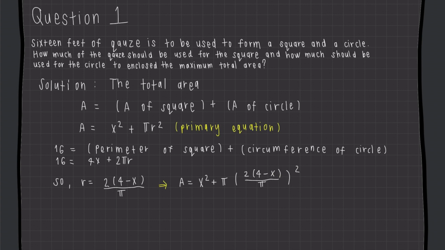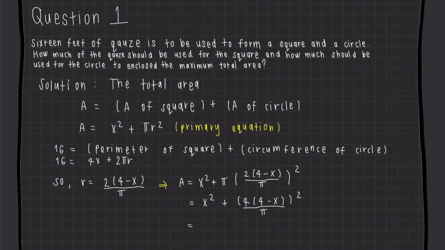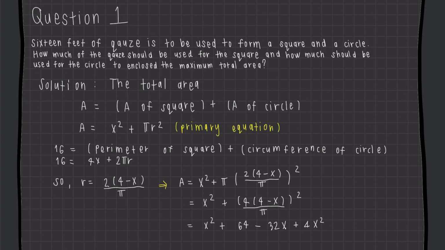Simplify and we get x squared plus 4 times (4 minus x) squared over pi. Simplify again, you will get x squared plus (64 minus 32x plus 4x squared) all over pi.